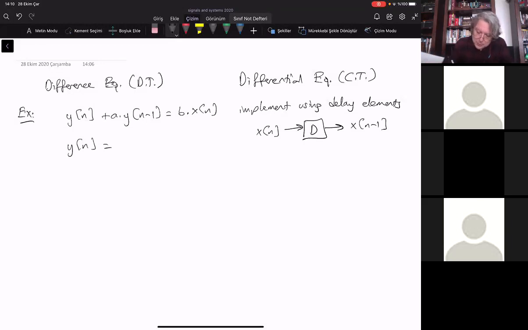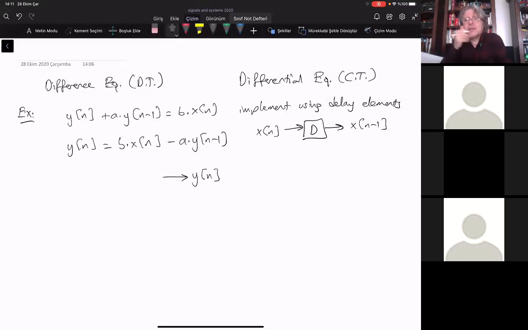It is equal to b times x of n minus a times y of n minus 1. Then I divide the right-hand side of the equation so that I have a standalone expression for y of n. And that y of n, I will start by drawing it and say that the output is this, y of n.